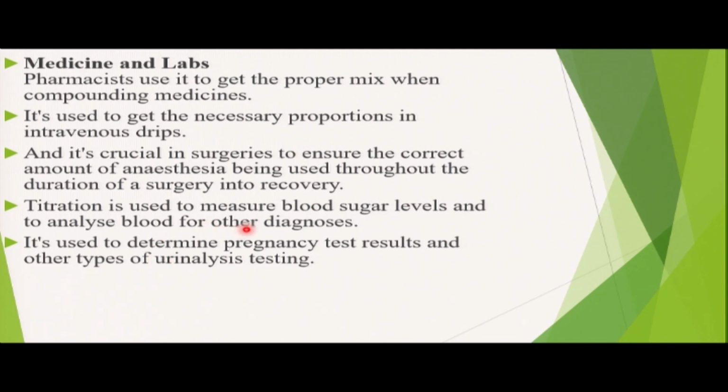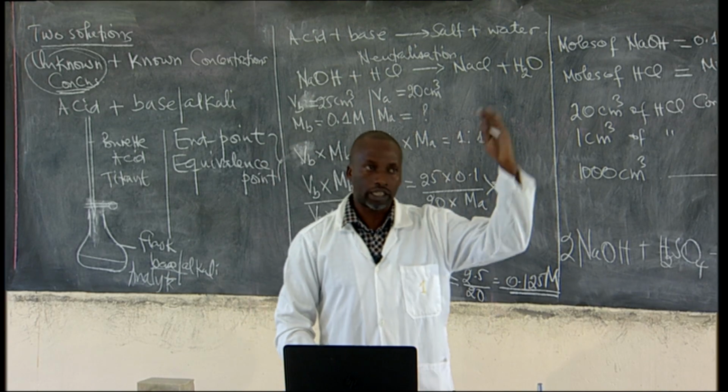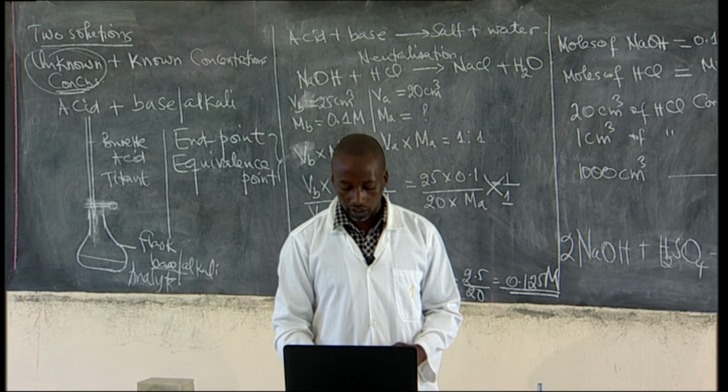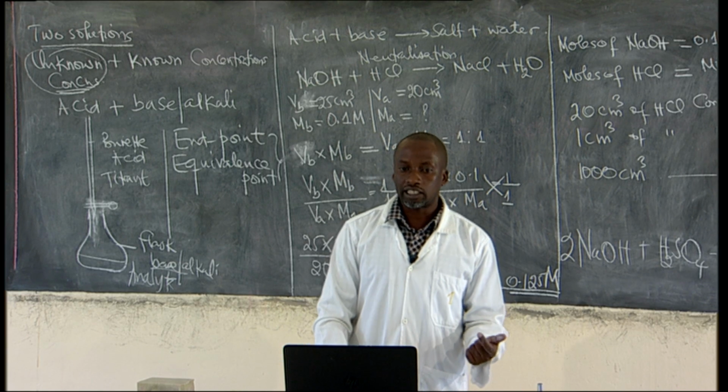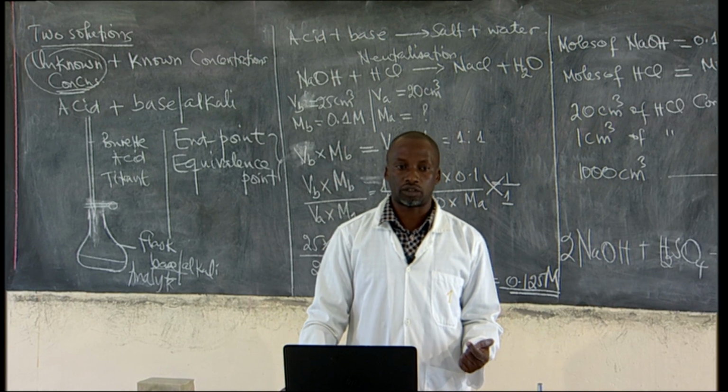Titration is also used to measure blood sugar levels to analyze blood for other diagnoses. Blood sugar levels keep on changing in our bodies, so they can also be determined by titration. Pregnancy tests can also be analyzed by titration reactions.